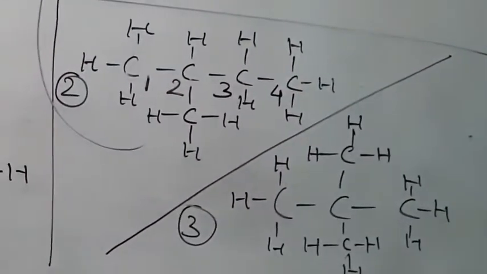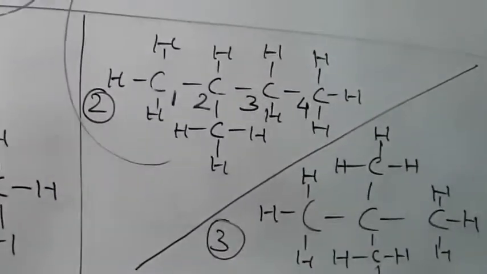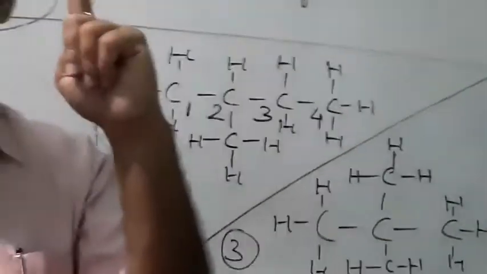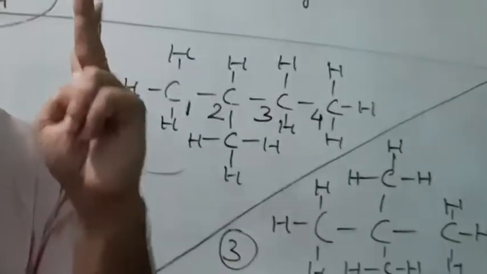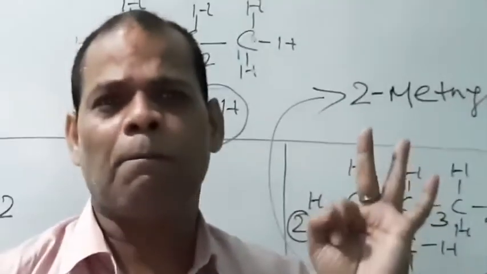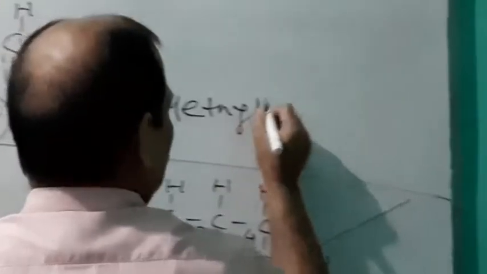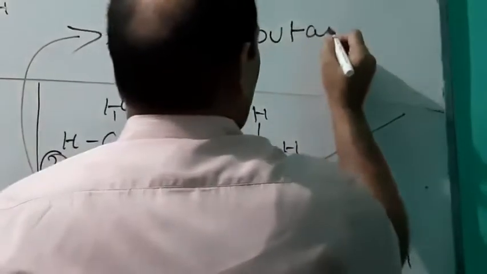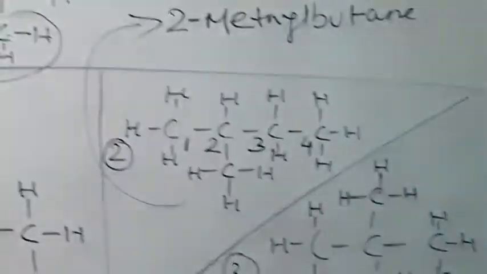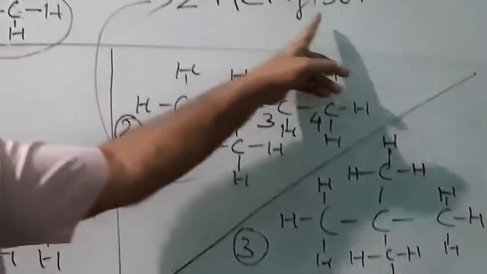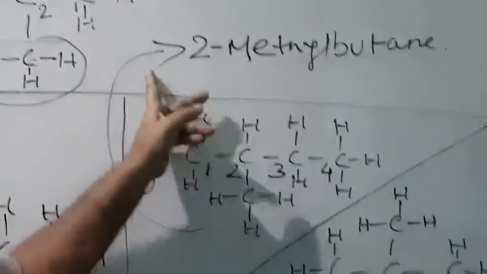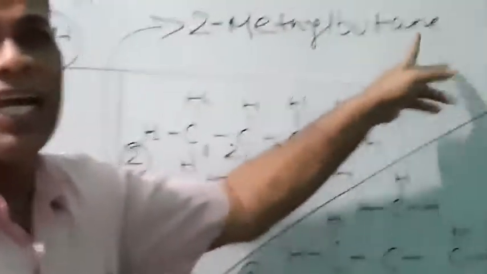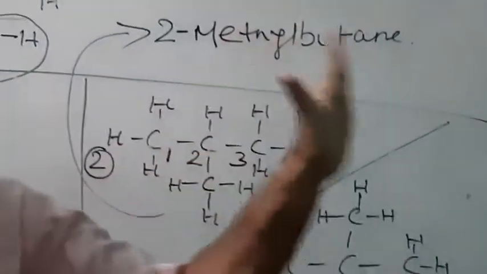Word root for 4 is but. For 1 meth, 2 eth, 3 prop, 4 but. All are connected by single covalent bonds, so the suffix is ane. So the name of this compound is 2-methylbutane.